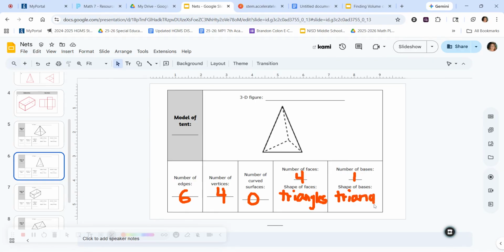Now, because you don't see any shape but a triangle, and there is only one base, this figure is called a triangular pyramid, because its base is shaped like a triangle, and it's a pyramid because there's only one base.